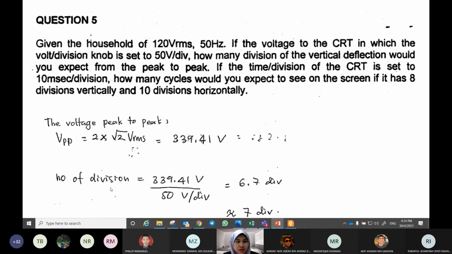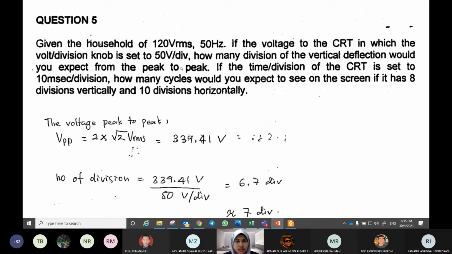So the number of divisions is equal to the value of voltage divided by the setting of 50 volt per division, because previously we know that the magnitude is equal to the number of divisions or boxes multiplied with the volt per division setting.